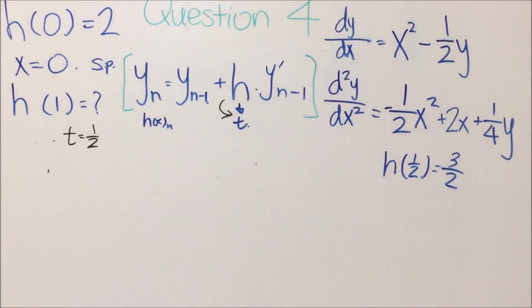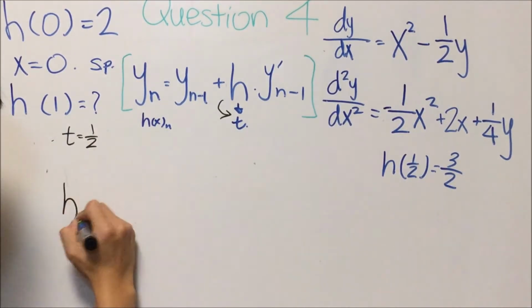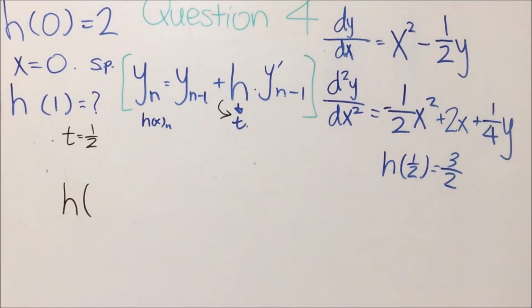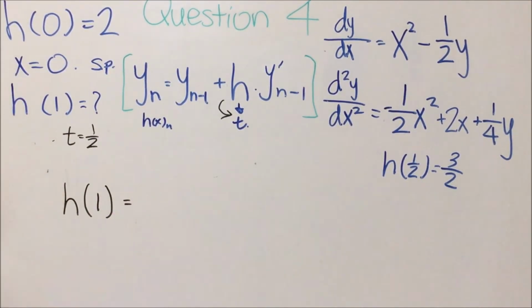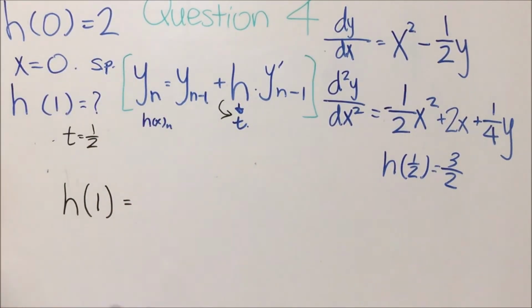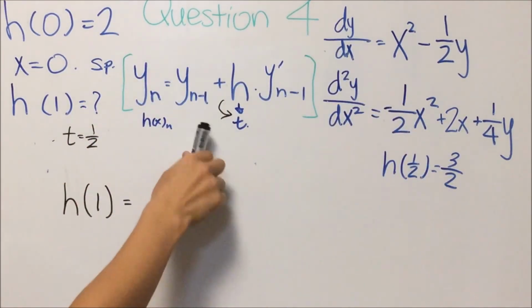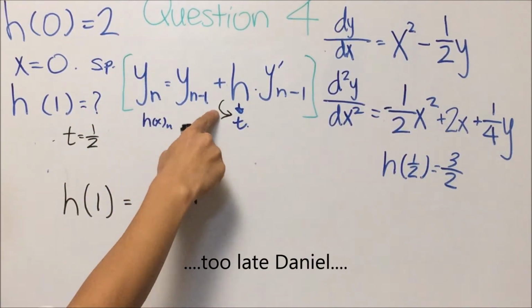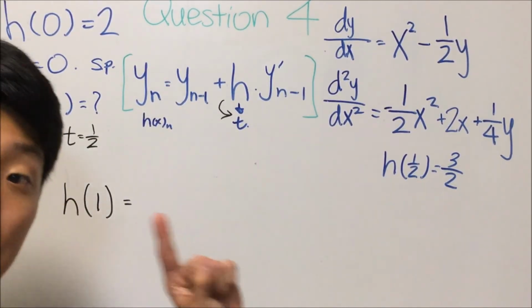Now it's just literally a repeating step. So thus, h of what do we need? Now jumping into 1, right? Because 1/2 plus 1/2 is 1. Equals h at n minus 1. Oh, one thing I didn't mention was this. You can review Euler's method in the other videos that I have, but n minus 1 doesn't mean that you literally subtract 1, it means n minus 1 step size.